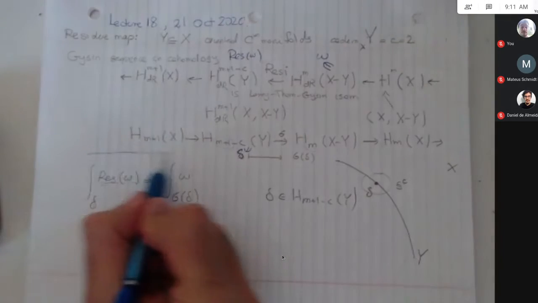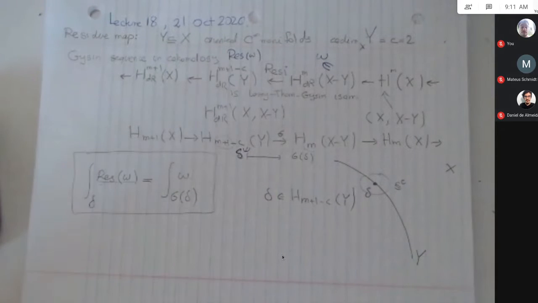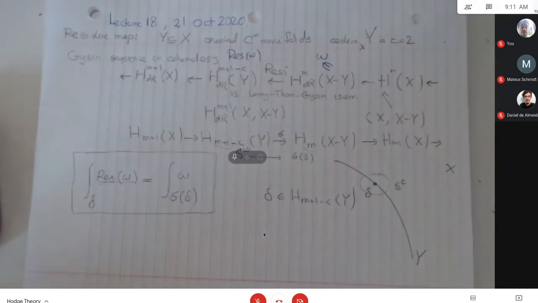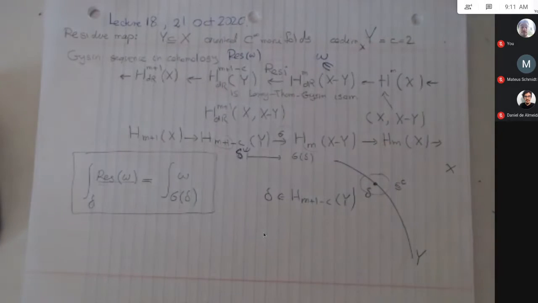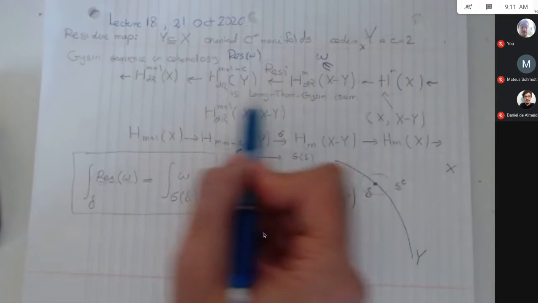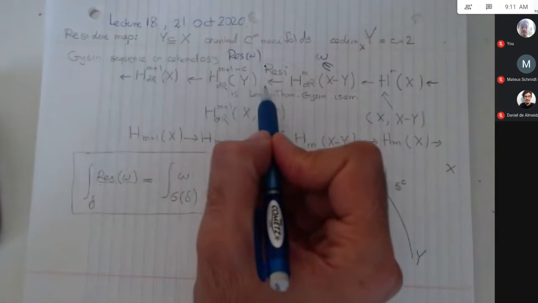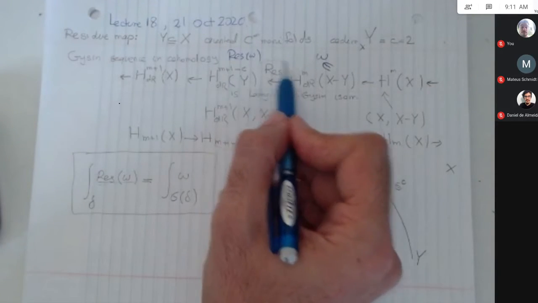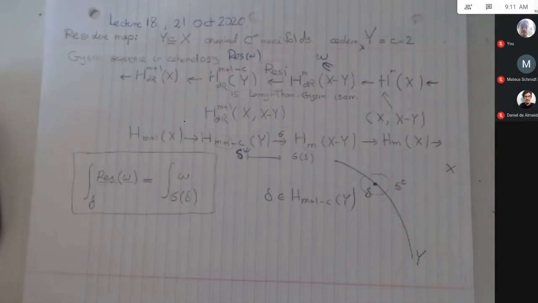So this identity will define the residue map uniquely, but of course it's just a definition. What we are going to need is that de Rham cohomology is possible to construct in a purely algebraic context, so we will need the concept of the residue map in a purely algebraic way.